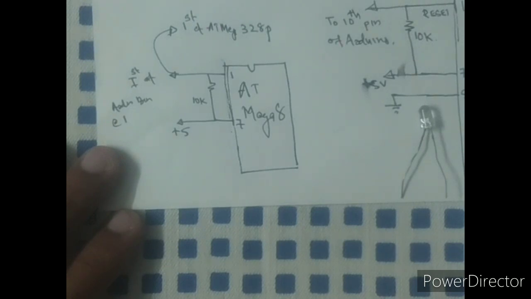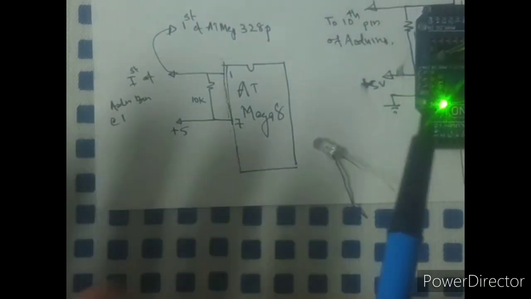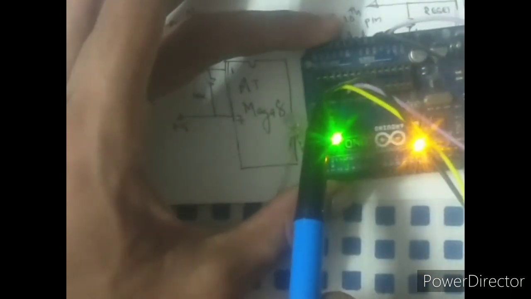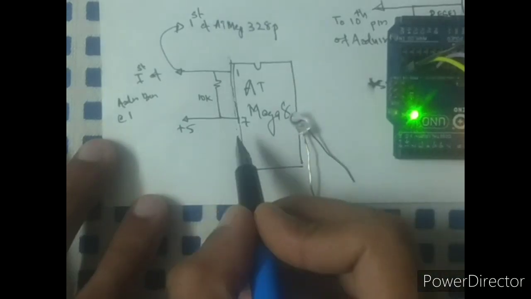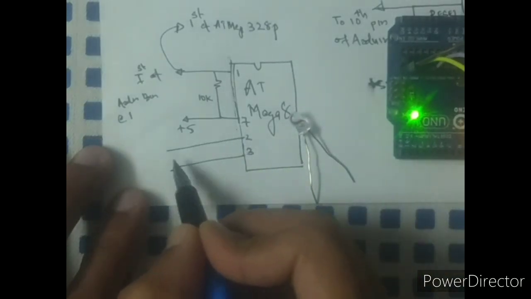So I have removed the IC here, as I have already shown you. To the removed IC's first pin, we have to connect the reset pin. Similarly, the second pin and the third pin are also to be connected in the same way.